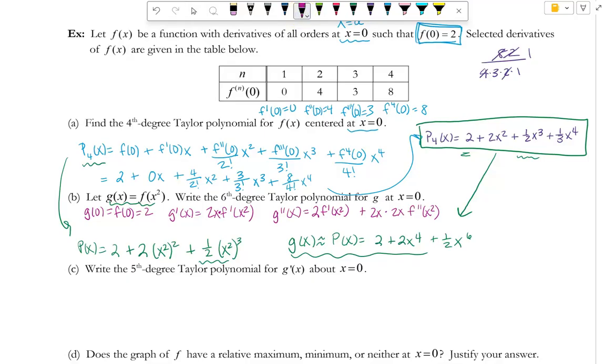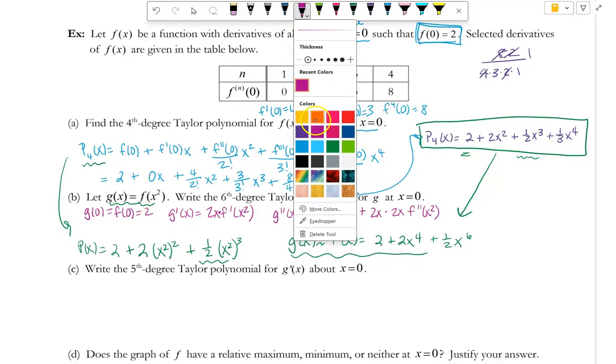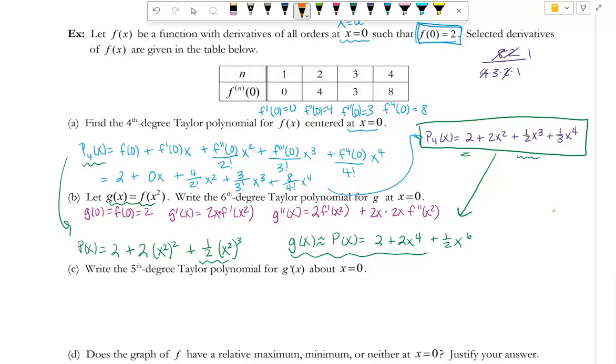So when we're going to find g prime, we could again just use what we wrote in part B. So g prime of x is going to be, well, the derivative of my constant 2 is 0, but my next term, 2x to the 4th, I would get 8x cubed, plus my last term, 1/2 x to the 6th becomes 3x to the 5th power. So that is a 5th degree Taylor polynomial for g prime of x about x equals 0.